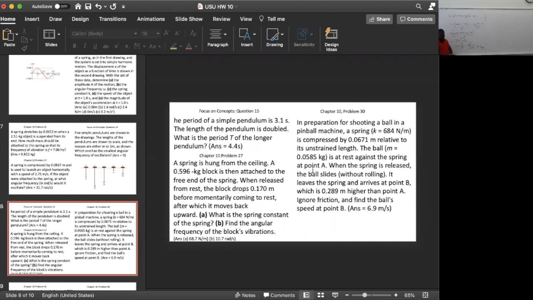When the spring is released, the ball goes to a point which is higher than point A. Find the ball speed at point B. Okay. So we're looking for the speed at point B. So we are given k, x, the mass of the ball, and it goes to a higher point. Is that okay?